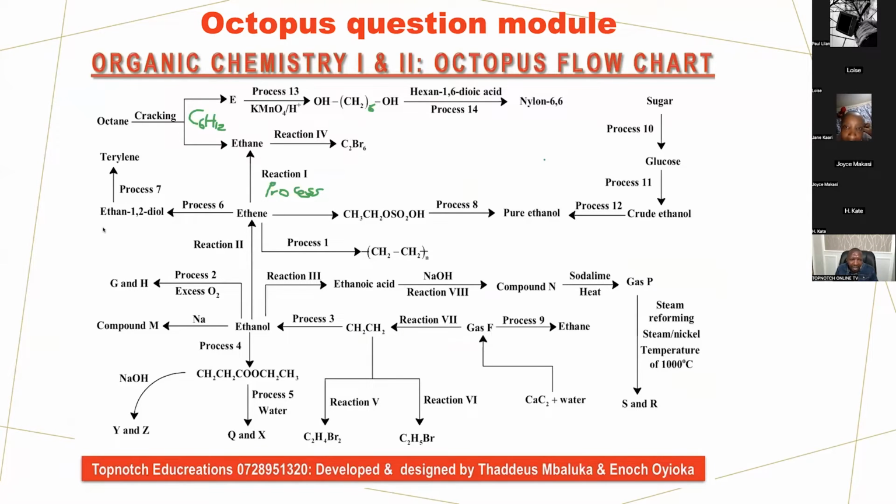Then the condition there is heat. The condition for oxidation is heat. Write it somewhere, it's not captured in many books. So the reagent is acidified potassium manganate(VII) and the condition is heat.